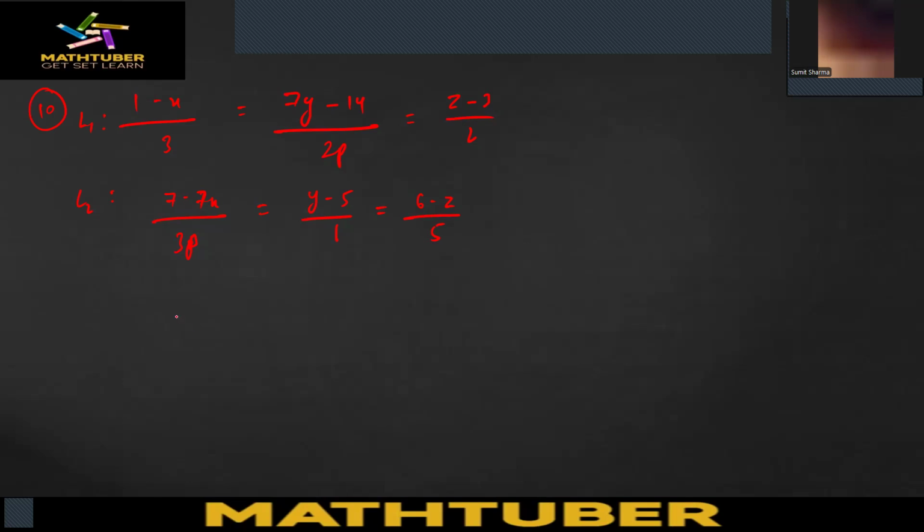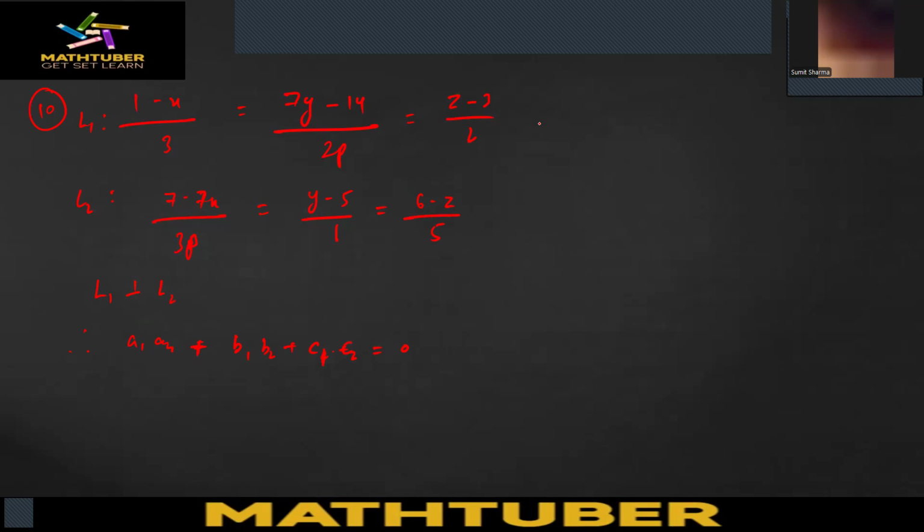So these both are at right angle, which means they are perpendicular. It is given to us. Therefore, their A1 A2 plus B1 B2 plus C1 C2 must be equal to 0, right?